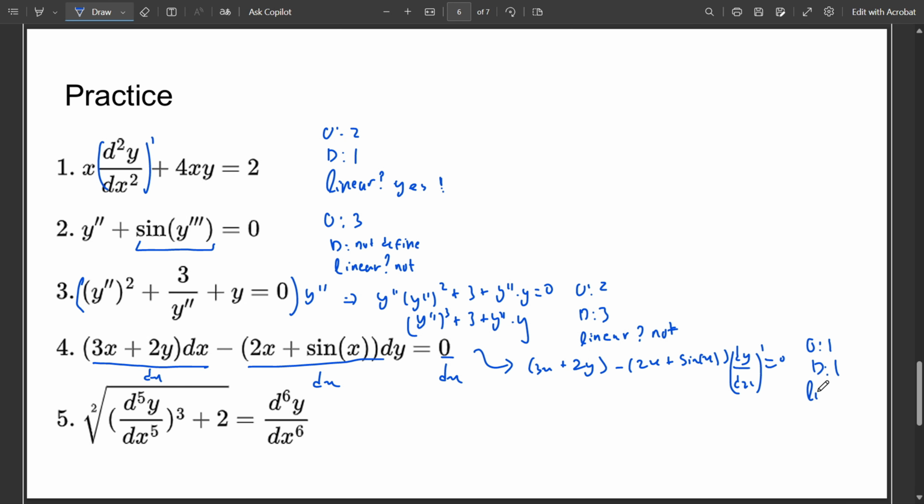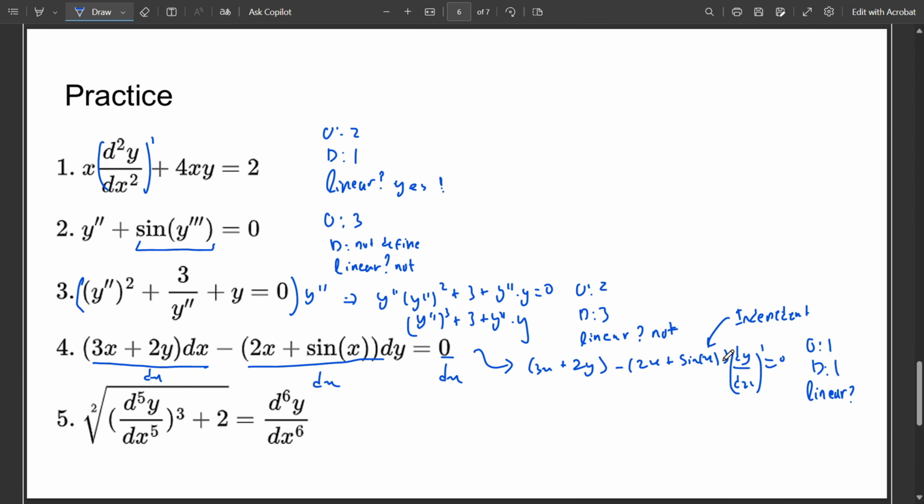And is it linear? Well, it is, because it satisfies all the conditions. And sine of x, you might question, is a transcendental function. But x here is actually the independent variable, so it still satisfies.